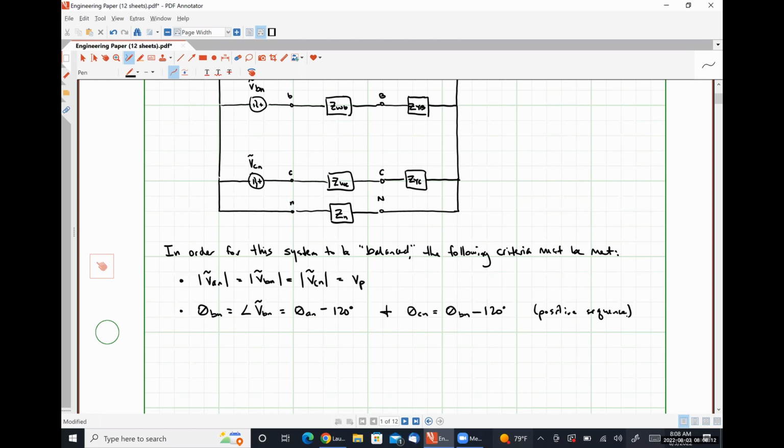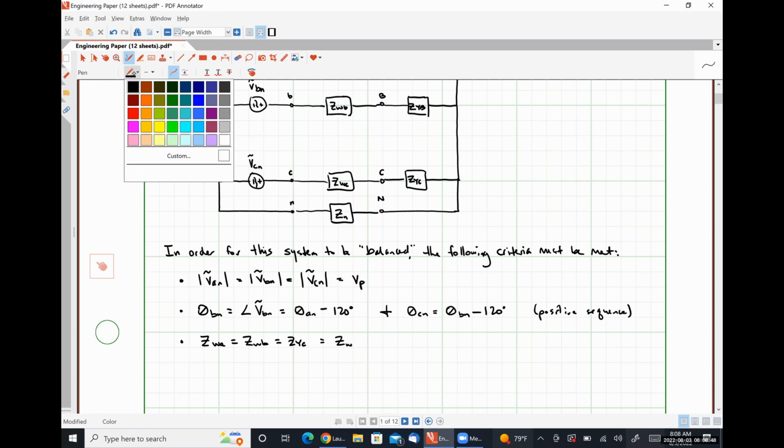Now, for our transmission line network to be considered balanced, that will require that the impedance ZWA is equal to ZWB is equal to ZWC. And so we might simply just call this ZW. One very important thing to note here is that the neutral conductor impedance does not have to be the same as the transmission line impedance.